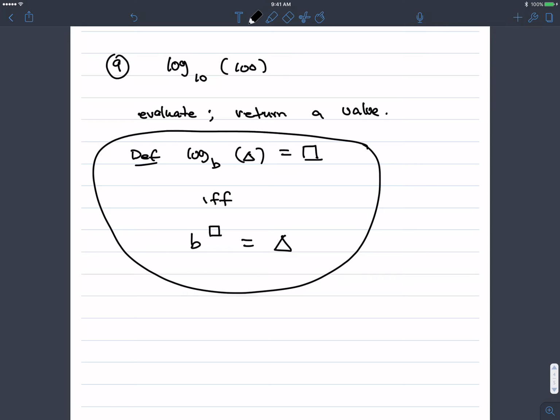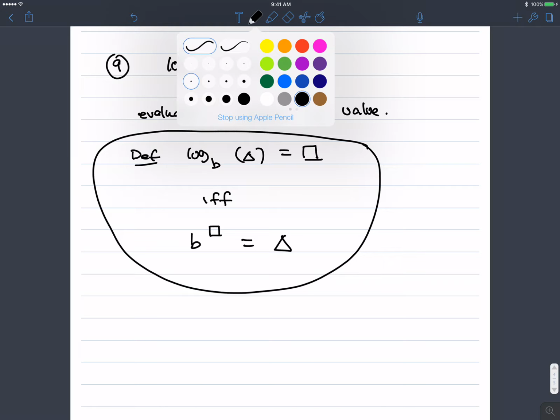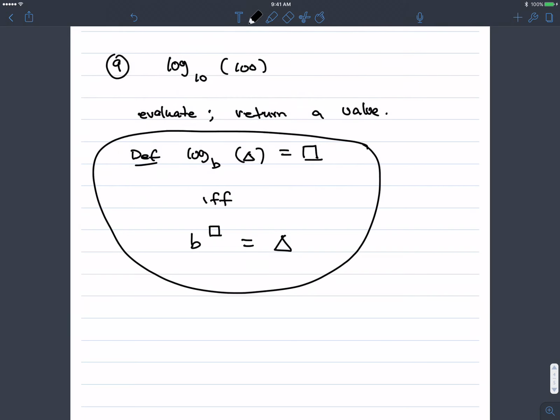So if we're going to evaluate any log, what we're going to have to do is this. We can use a shape, or we can use a letter. Sometimes I like to use a letter. Call that maybe t. And so what that means is we're going to have to check this relationship: that this statement is equivalent to 10 to the t being 100. Let's go take a look and see what I'm talking about.